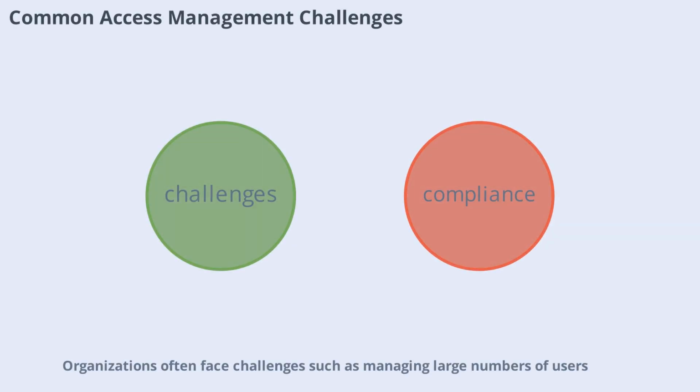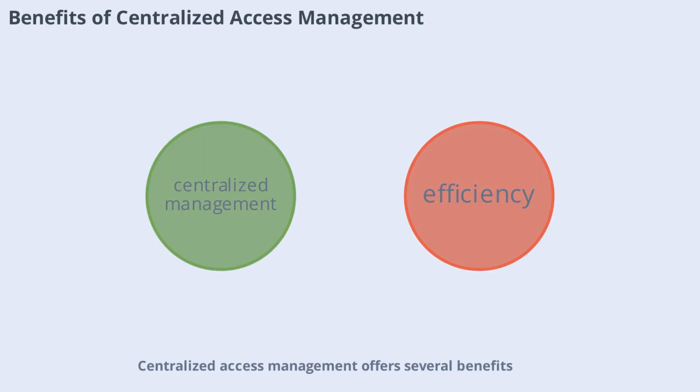Organizations often face challenges such as managing large numbers of users, keeping permissions up to date, and ensuring compliance with changing regulations. Addressing these challenges requires a combination of robust tools, clear policies, and ongoing training. IBM's access management solutions are designed to help you overcome these obstacles. Centralized access management offers several benefits, including improved security, easier compliance, and reduced administrative overhead.